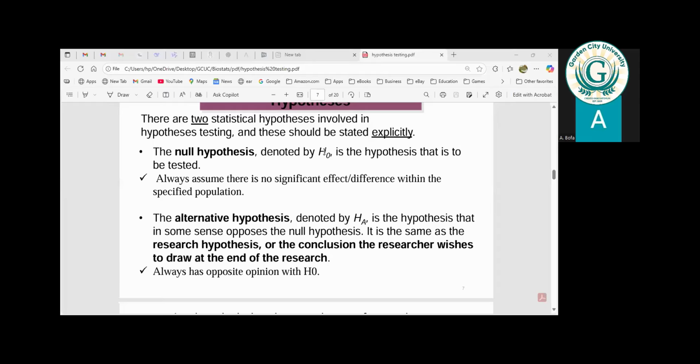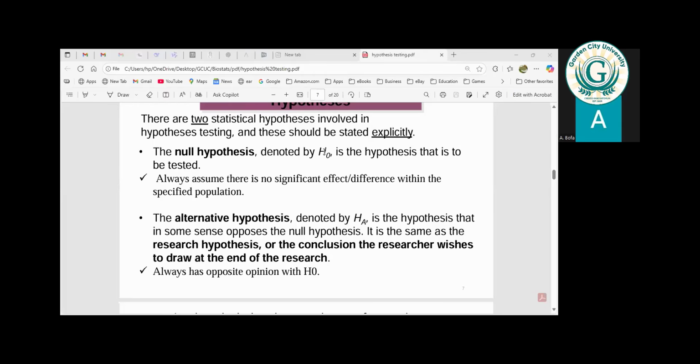It is the alternative hypothesis that the researcher seeks to find, the researcher's objective. The alternative hypothesis is denoted as H subscript A, and the null is denoted as H subscript 0.